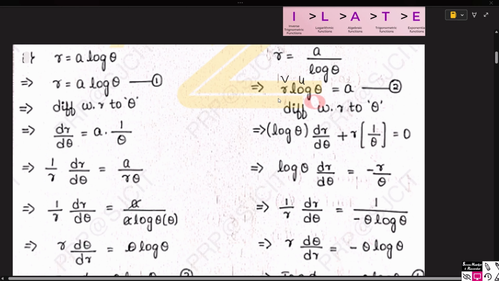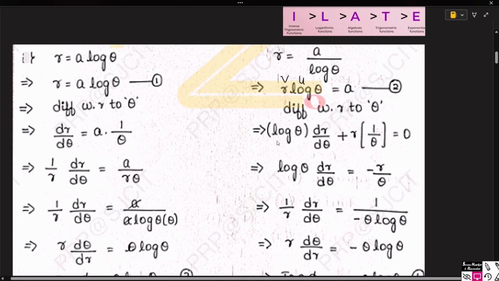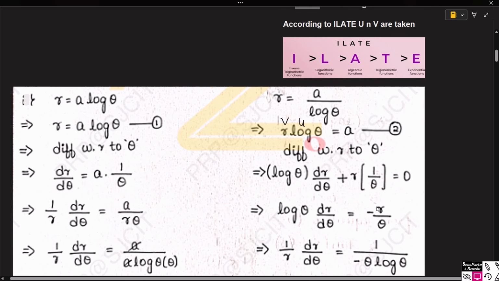On differentiating this equation with respect to theta, according to this formula, we are going to get log theta, as u is taken as log theta, same as it is. v is taken as r, dr by d theta, plus v, which is r, times the differentiation of log theta, equal to 1 by theta, equal to 0.